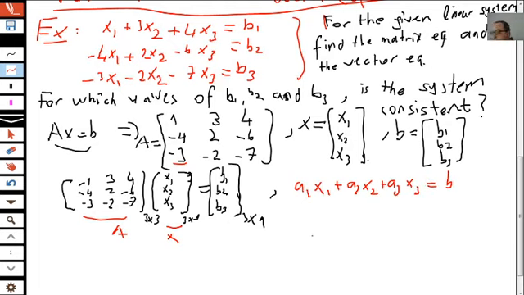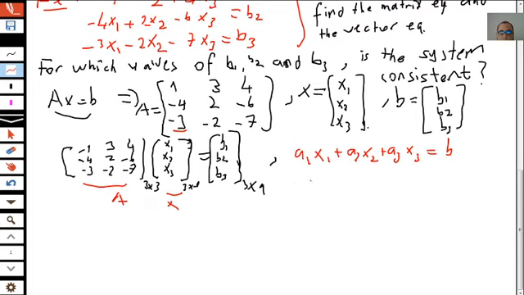Okay, A1 has the components plus 1, minus 4, minus 3, sorry. Sorry, you should write the vector equation. I was writing the matrix equation again.